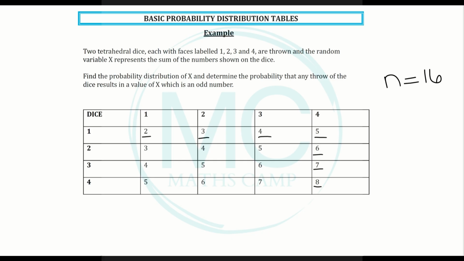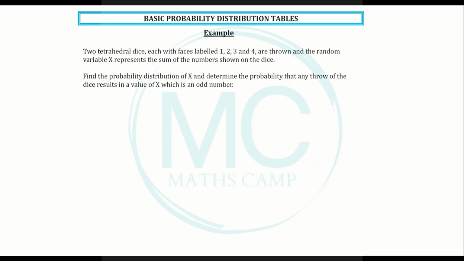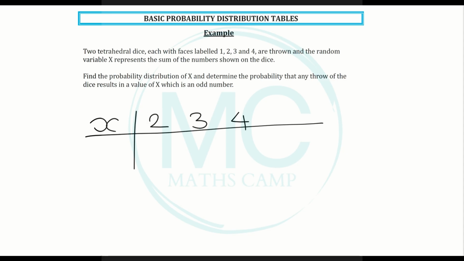So I can make some space and I can start drawing my distribution table. Let's start with the top row. In the first column, I always have x. Now I can fill in my values for x: 2, 3, 4, 5, 6, 7, and 8.